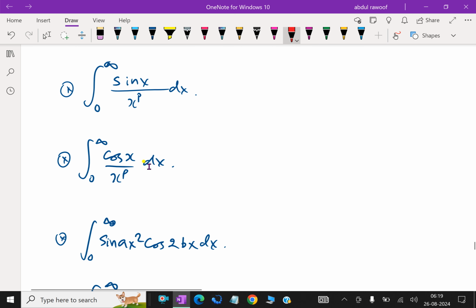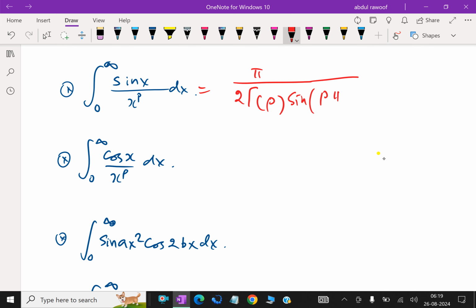Next one, integral 0 to pi by 2 sin x over x power p dx equal pi over 2 factorial function of p sin of p pi by 2, where the condition 0 is lesser than p lesser than 1.